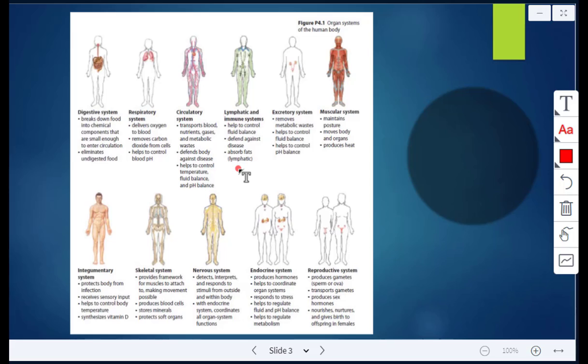Lymphatic and immune system: this will defend against disease. It also absorbs fats and controls fluid balance. The excretory system has to do with the kidneys, removing metabolic wastes, controlling fluid balance and pH balance. The muscular system has to do with muscles.